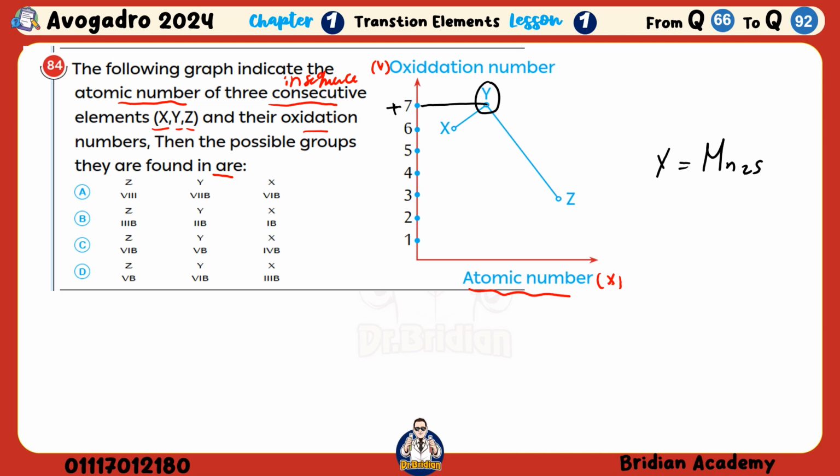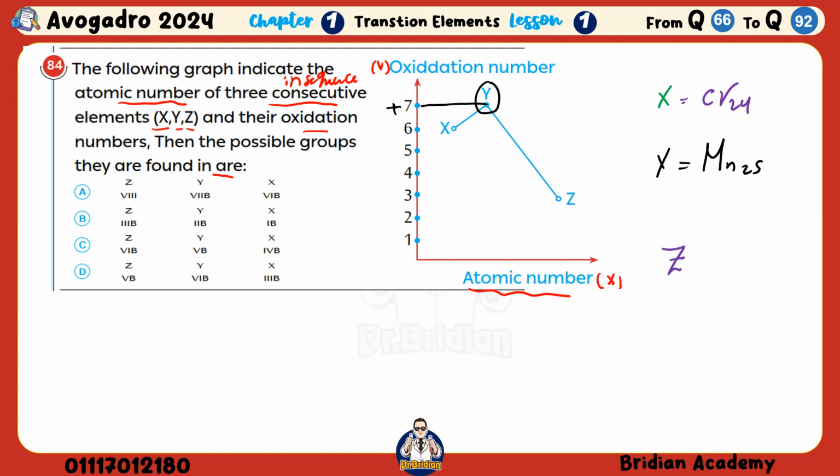And he gives me information in the question that they are 3 consecutive elements, so X, then Y, then Z. If you know that Y is manganese 25, the previous one will be chromium 24 because they are consecutive elements in sequence with atomic number.